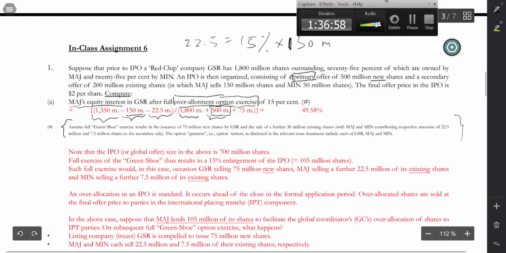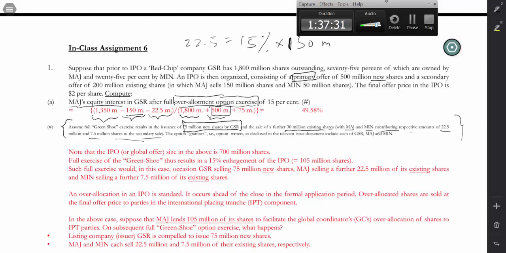Assume full green shoe exercise results in the issuance of 75 million new shares by GSR, and the sale of a further 30 million existing shares with majority and minority contributing respective 22.5 and 7.5 to the secondary sale. Okay, so that is the important detail.